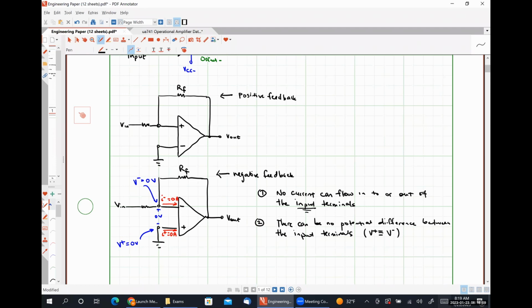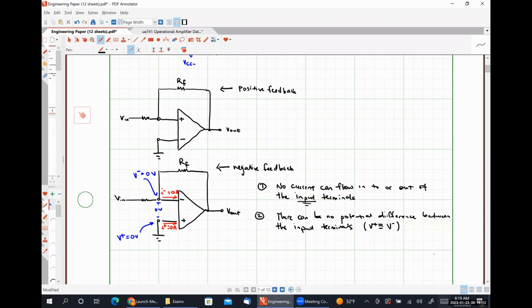All right, so what we're going to do now is analyze circuits using these two rules and our conventional circuit analysis techniques, and we are going to develop a simple algorithm, because I like to have simple multi-step processes for effectively analyzing any op amp circuit that we could be interested in.